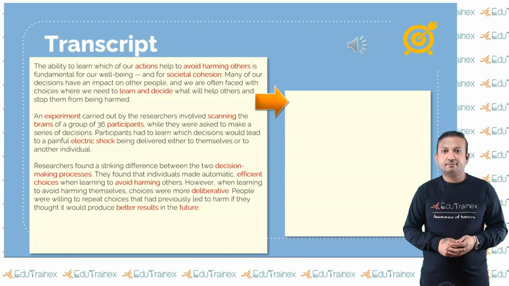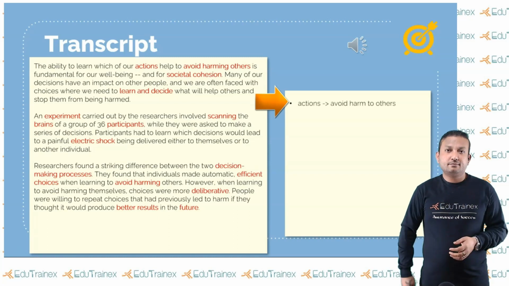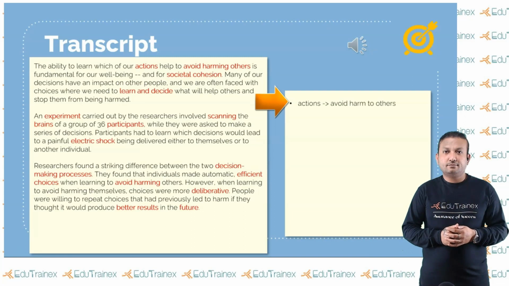The ability to learn which of our actions help to avoid harming others is fundamental for our well-being and for societal cohesion. Many of our decisions have an impact on other people, and we are often faced with choices where we need to learn and decide what will help others and stop them from being harmed.